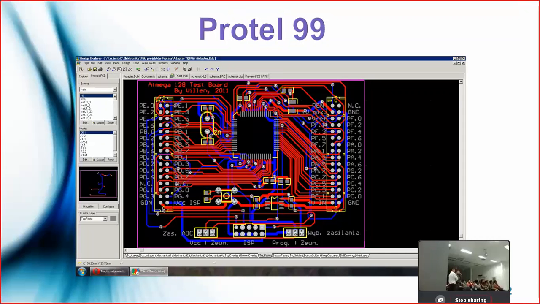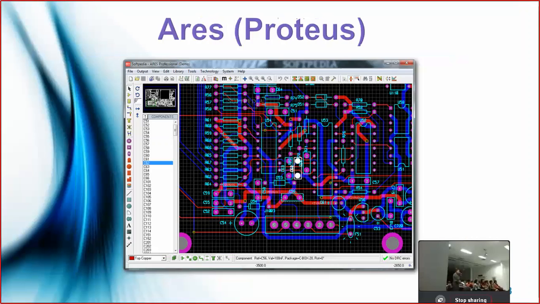We have Protel 99, which is used commonly in some complicated circuits with so tiny lines, about a quarter of a millimeter and so on. We have Ares, which is a part of Proteus, as we know that Proteus consists of Ares and Isis. It's an easy application, but it's not for beginners.